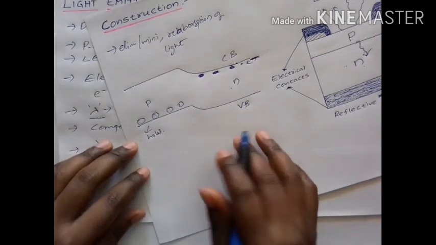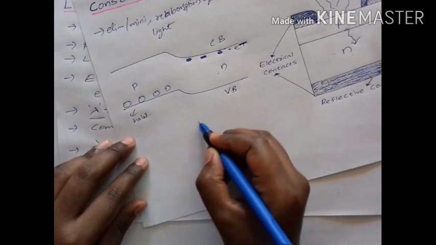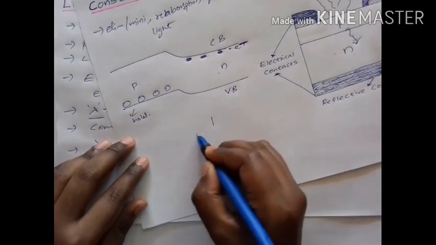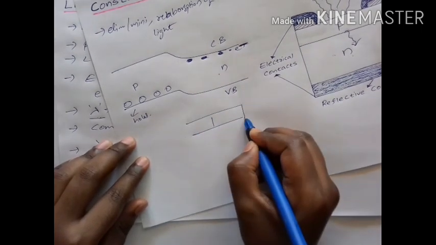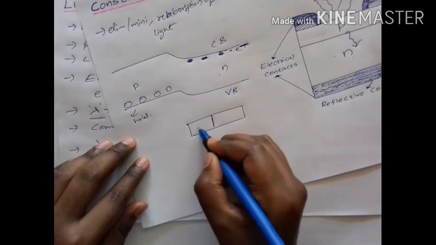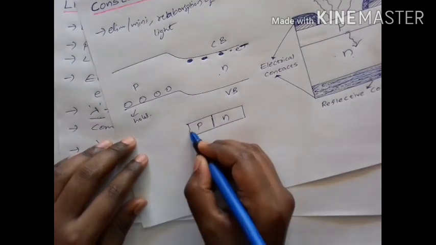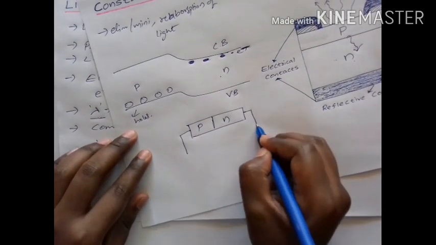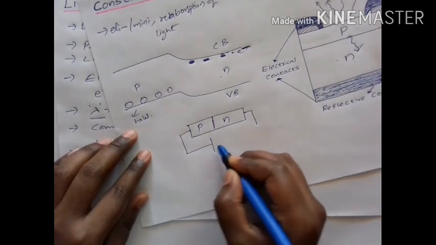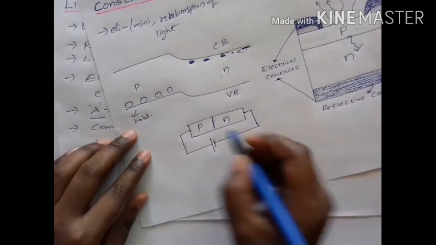So whenever we connect a PN junction, I will give you a broad explanation regarding the PN junction, P and N. Whenever we connect a PN junction in forward bias, what happens?